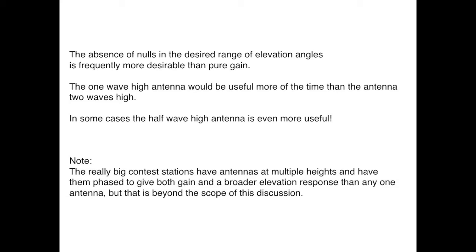The absence of nulls in the desired range of elevation angles is frequently more desirable than pure gain. From a practical standpoint, the one wave high antenna would be useful more of the time than the antenna two waves high. In some cases, the half wave high antenna is even more useful.